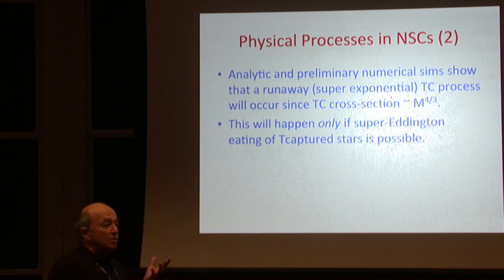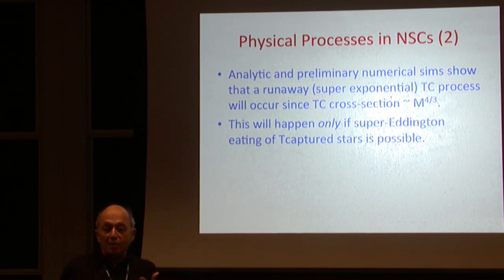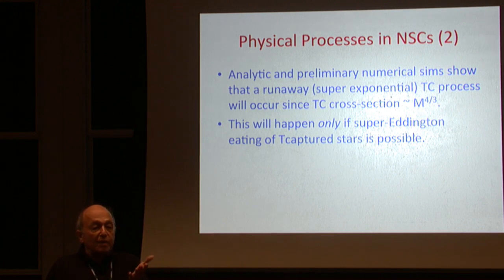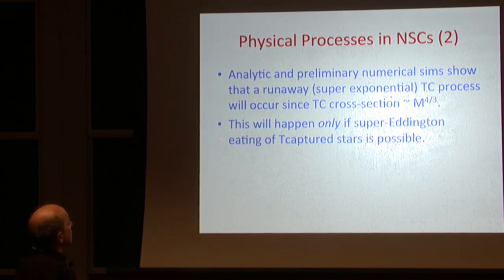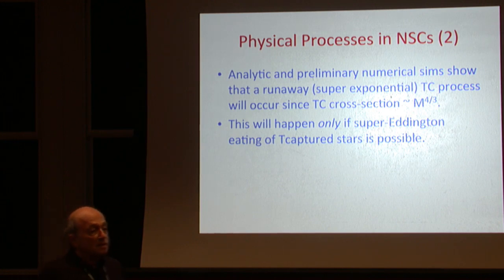Well, it eats up all the stars in the core, and then the density of stars that it can interact with is lower and lower, and so it eats further out, and it gets to a limiting rate. This can happen only if super Eddington accretion of tidally captured stars is possible. So do we know that that will happen? No. Do we know that it won't happen?